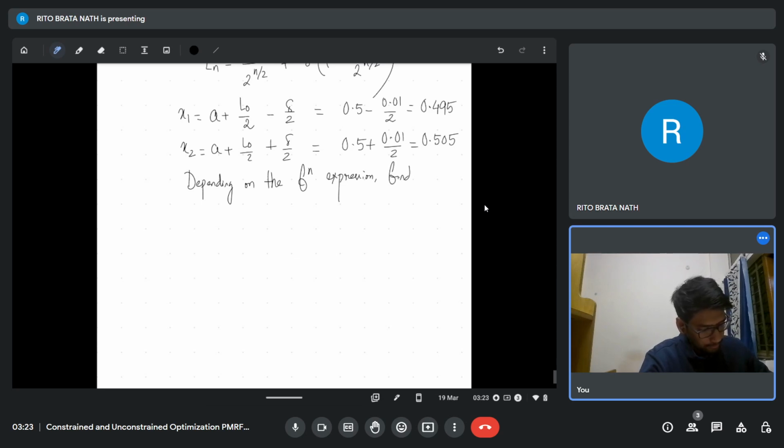Find the interval of uncertainty. I'm not going into the details of the rest. Next is the reduction rate of the initial interval in the Fibonacci method. So the Fibonacci method, okay, let's see.